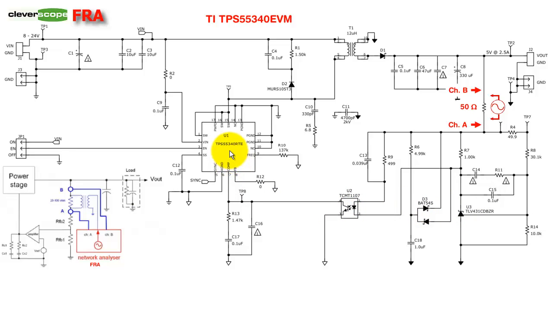The controller then controls the switch mode characteristics of the switch and transfers power across this transformer. So this amplifier is composed of the TPS55340 in collaboration with the optocoupler and the reference. The power stage is also in the TPS55340.